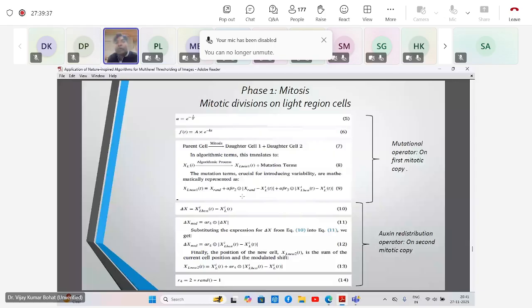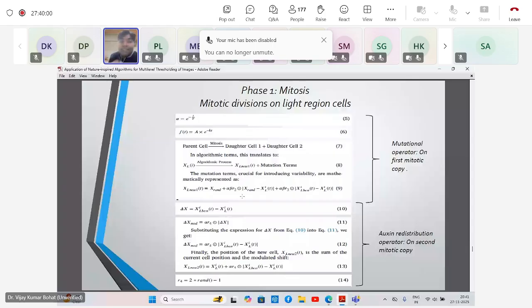So from 10 we become 30. But later on we will pick the best 10 solutions. We will not increase the population size beyond 10. We will calculate the fitness of all the solutions and pick the best ones. So this is how the light region cells move.